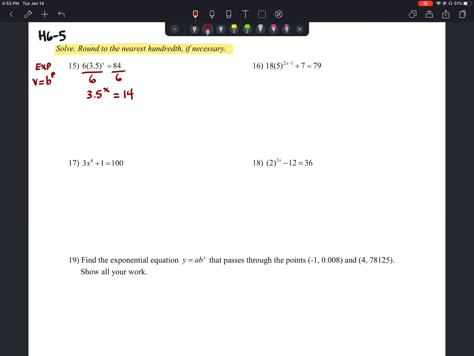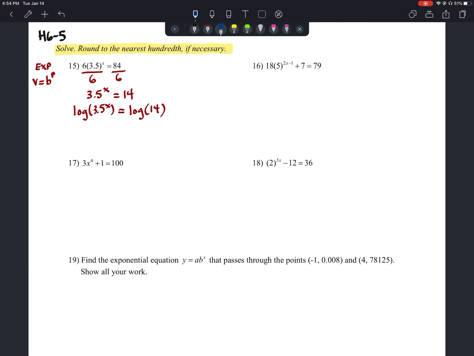And now to find our answer here, which we're still solving for x, we have to get it out of the exponent. So what we're going to do is take the log of each side. We're going to say the log of 3.5 to the power of x is going to equal the log of 14.